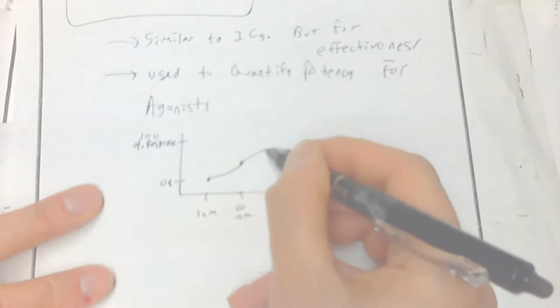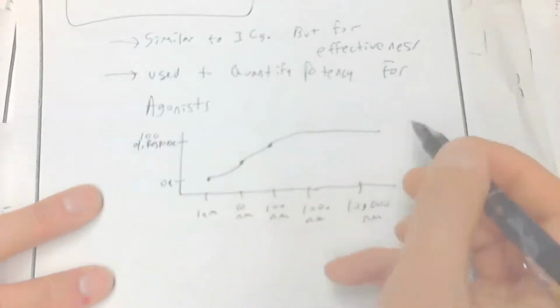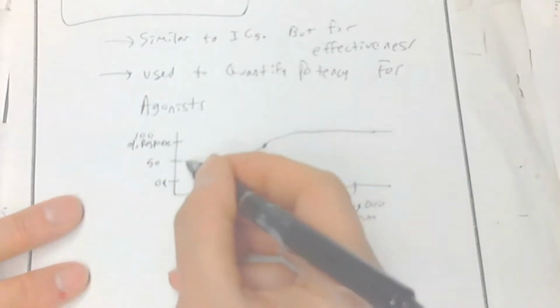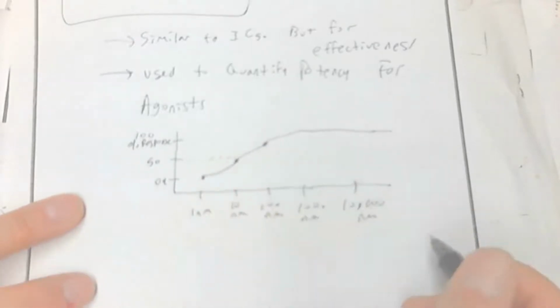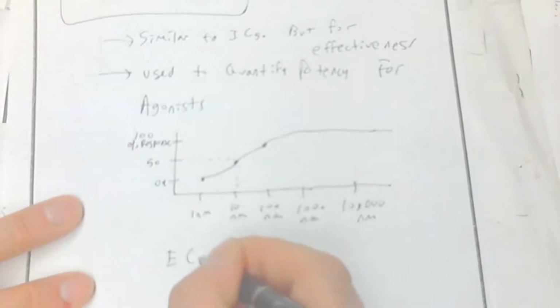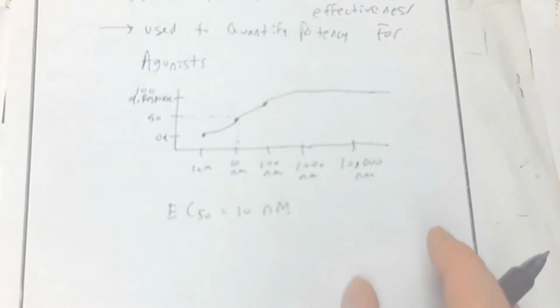And then as we increase the dose, it plateaus off and we get a maximum response. In this case, the 50% mark describes the EC50 value, which arbitrarily we're saying is about 10 nanomolar, right? EC50 equals 10 nanomolar. Okay, so that's pretty easy to understand.